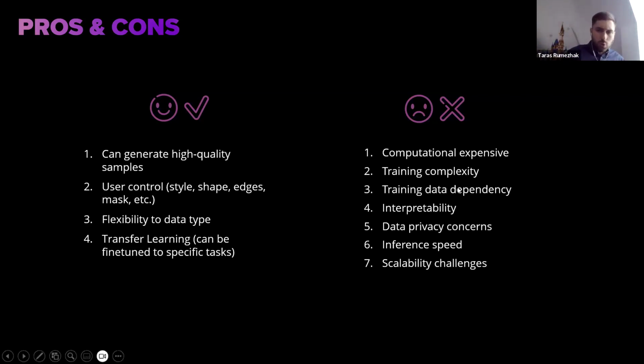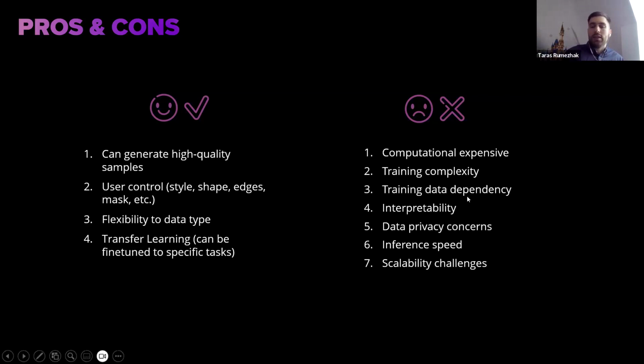But still, there are a lot of drawbacks. Computationally expensive. For example, if you're some startup and you want to train it, you need hundreds, thousands of dollars, or even millions to train some good quality models. And even for inference, it's still expensive.